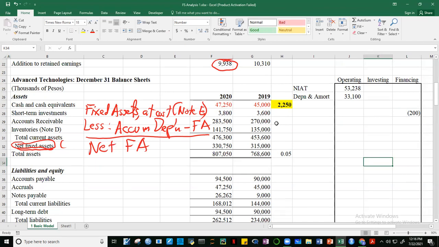Any questions? Sir, question po. Why is it still negative po? Ay, negative pa rin. Ano ba dapat yung gagawin ko dito? Basti. Sige, Basti. It's 2020 po. Yung short-term 2020. Sorry. 2020 minus 2019. Okay, yan. Anong ginawa ko, guys?